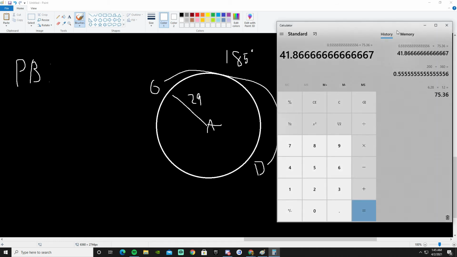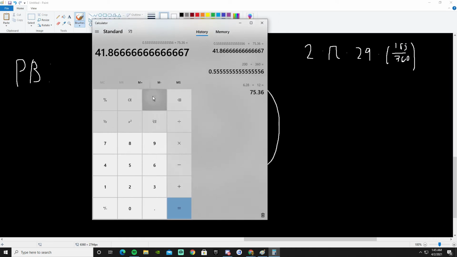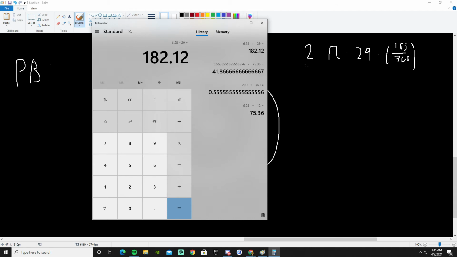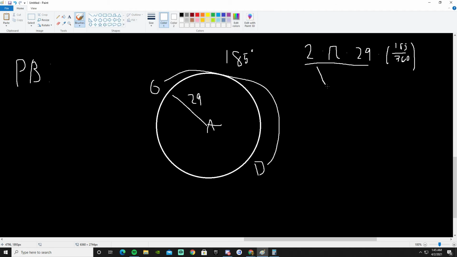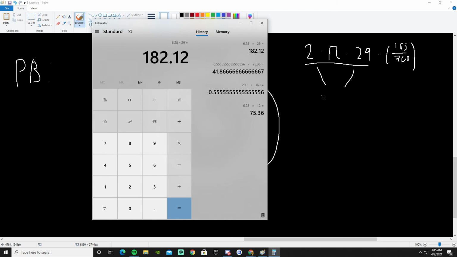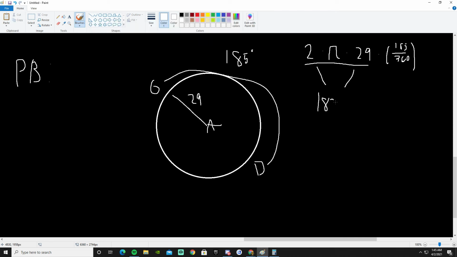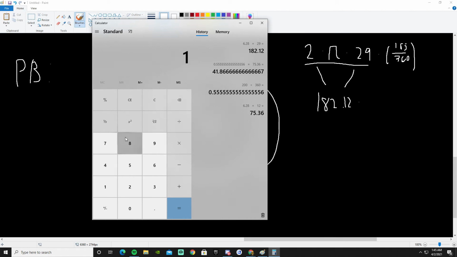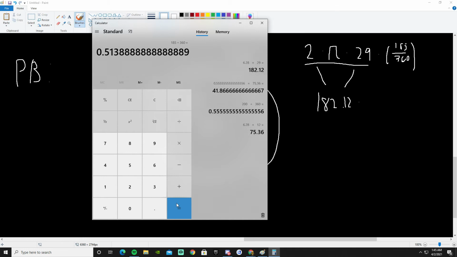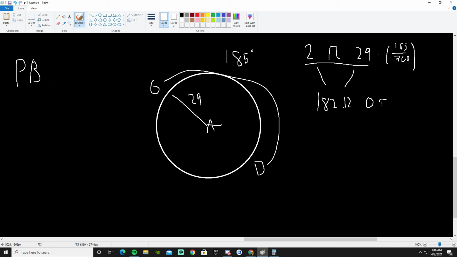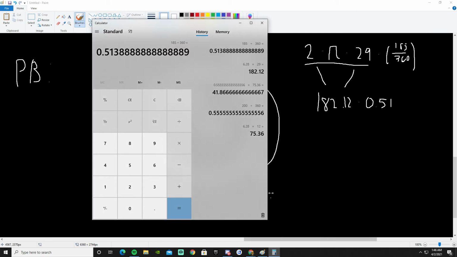If we put that in the calculator, it would be 6.28 times 29 equals 182.12. Then it would be multiplied by 185 over 360, which is 0.514.